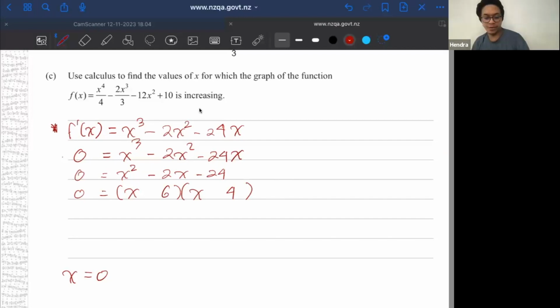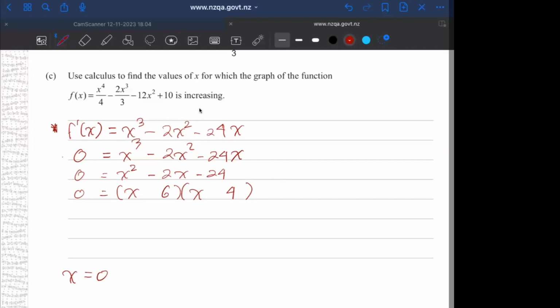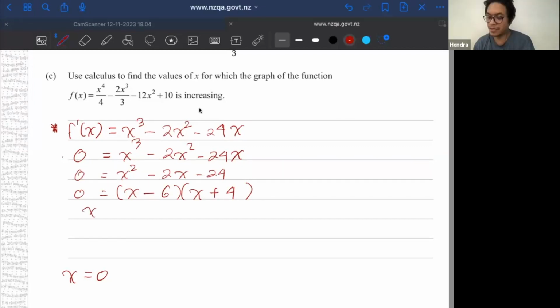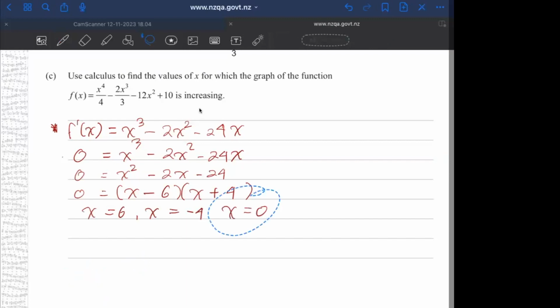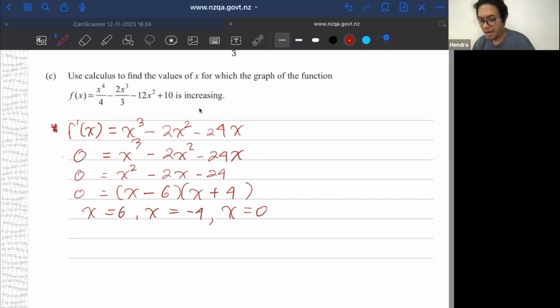Which one is positive? Which one is negative? Minus 6, plus 4. So x is 6, x is negative 4, and x is 0. Right? Okay. How do we check that?